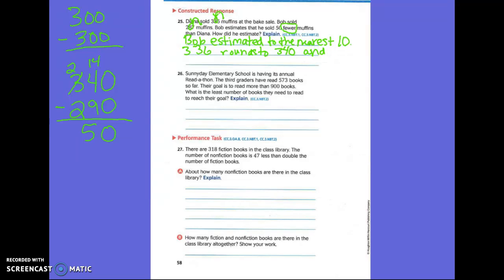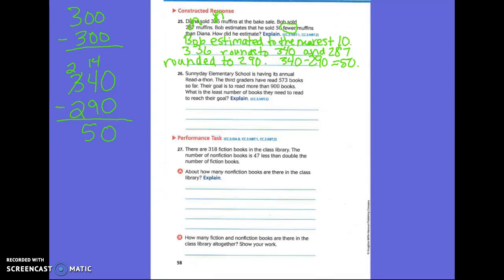And 287 rounds to, what did you guys say? 290. 290. And period. 340 minus 290 equals 50. Okay, there is your explanation. Next problem. We have to read the problem.